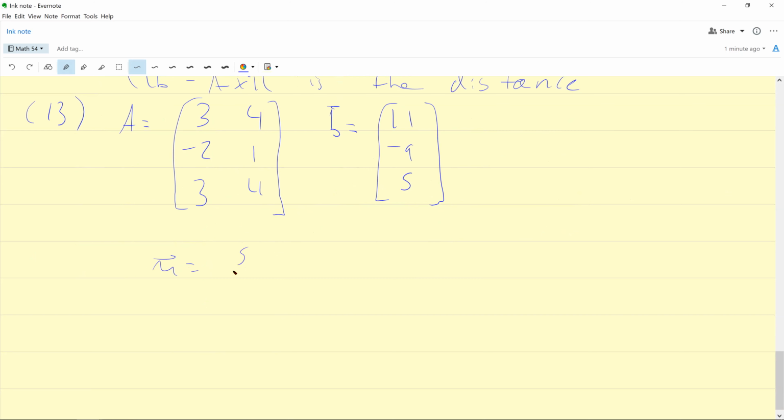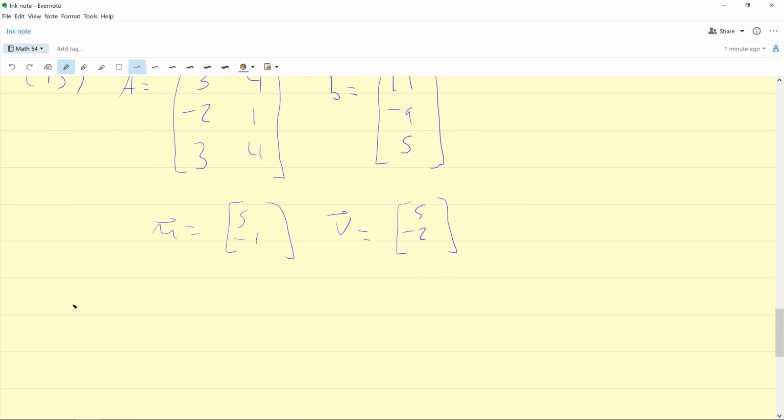u is 5, -1. And v is 5, -2. So we're going to compute Au, Av, and compare them with b.